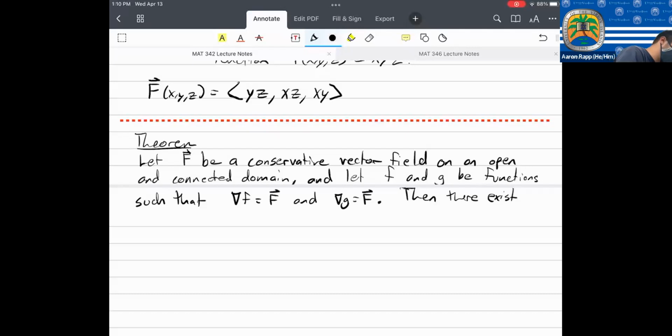Then there exists a constant c on the reals, so that function f is just the function g plus some constant c. So if you find one potential function, you find all potential functions.